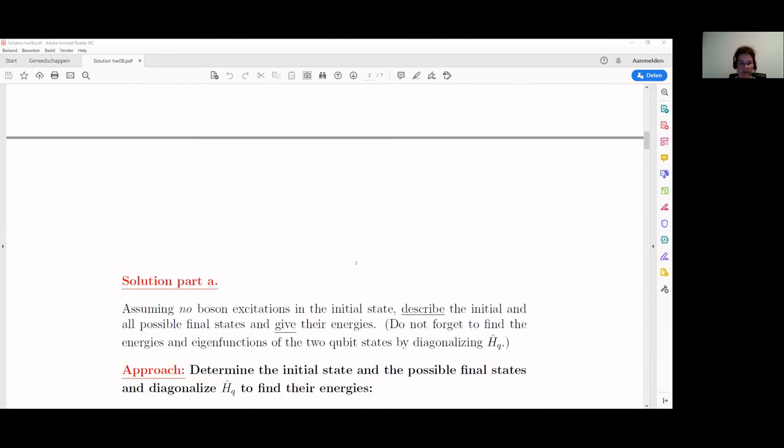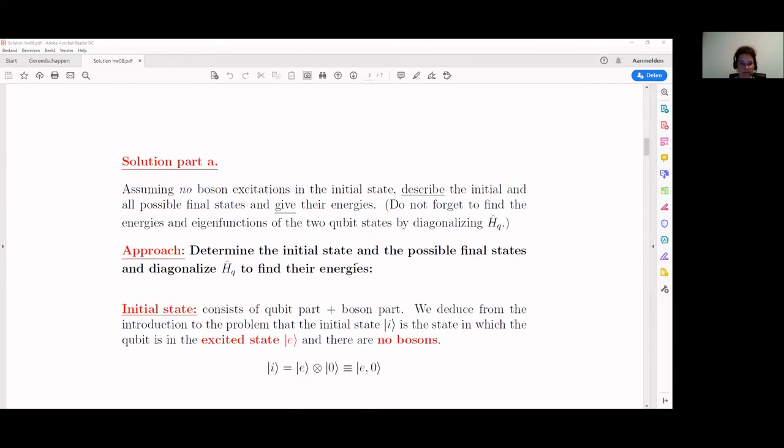So part A. Part A was asking us to determine the initial state and all the possible final states for this problem. And then to diagonalize the qubit Hamiltonian, H_Q, and find the corresponding eigenenergies.